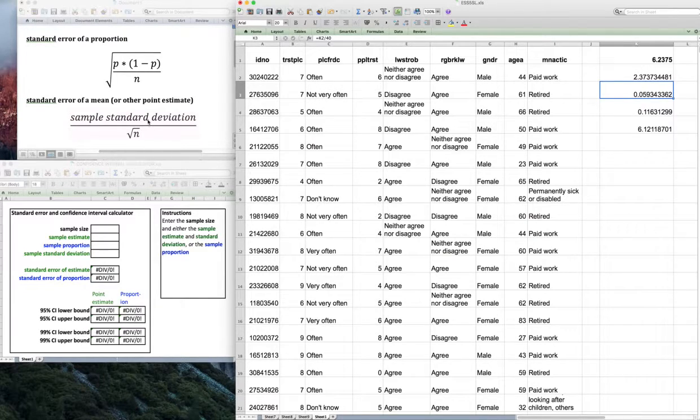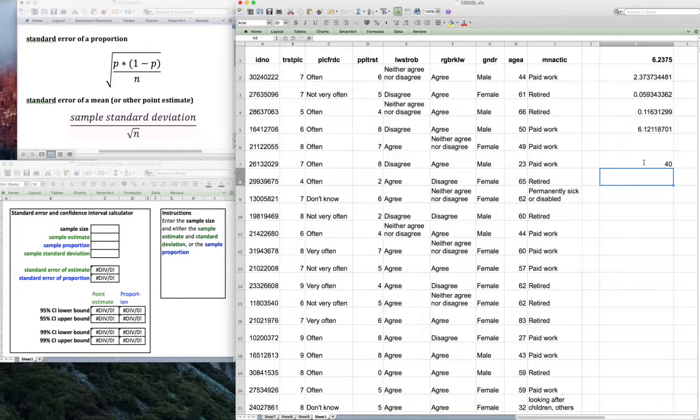I then need to divide that by the square root of the sample size. The sample size is 1600. The square root of 1600 is 40. If you want to check how to calculate that, just do equals square root, open brackets, the number we want the square root of, which is just the sample size, close brackets, enter, 40.